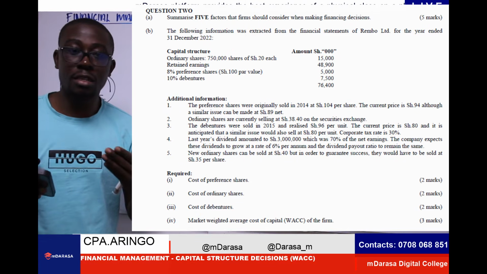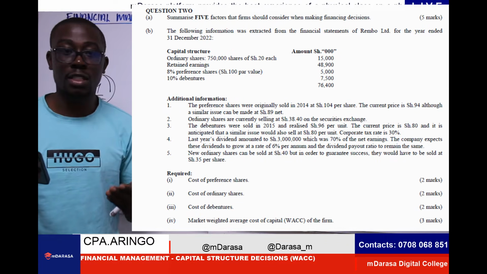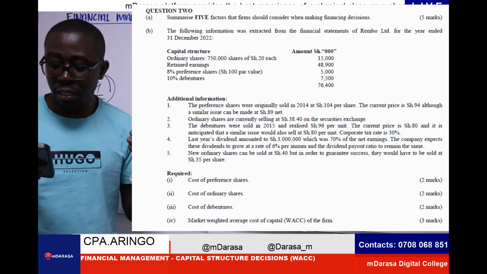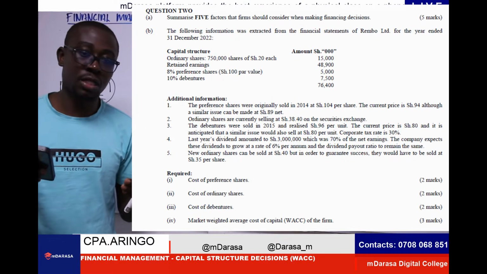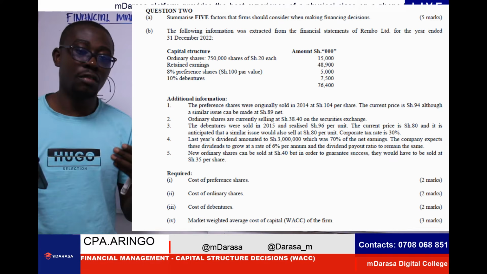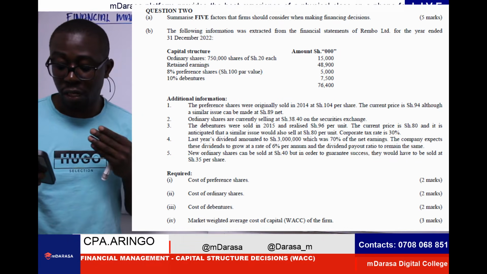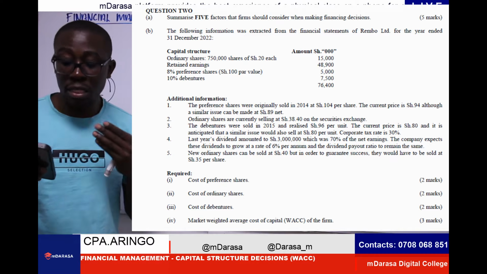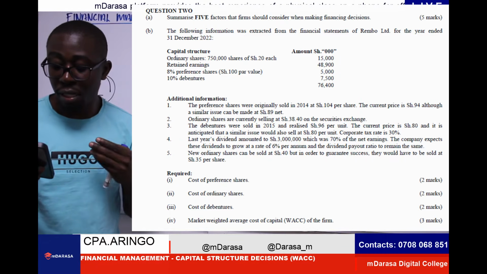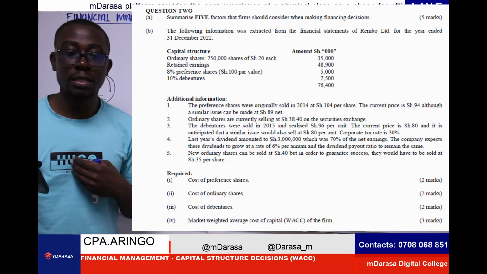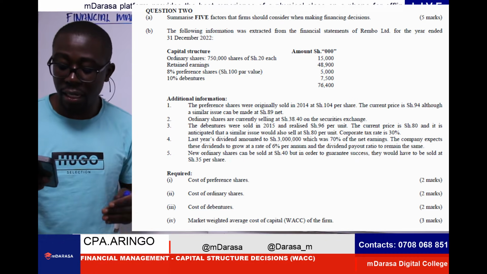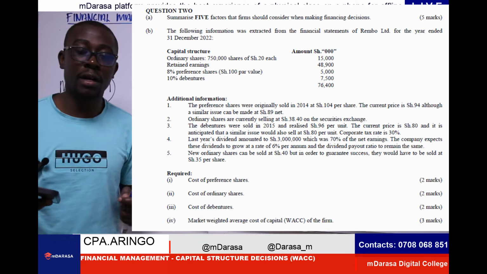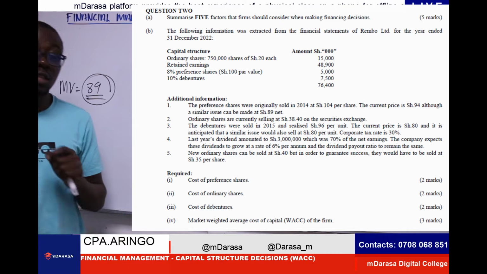Remember, if you check the capital structure above, we weren't given the par value of these debentures, but just the whole value of 7.5. So it will be upon us to get a clear par value of these debentures.